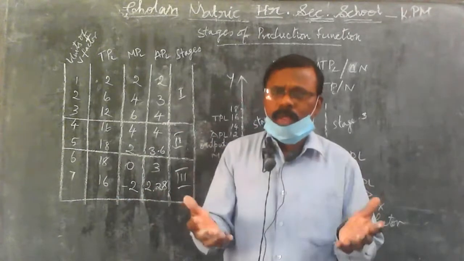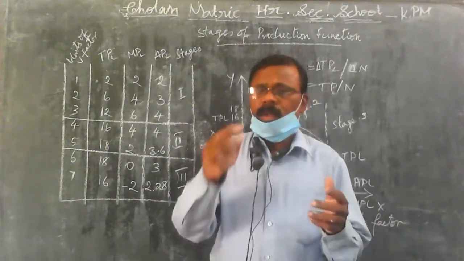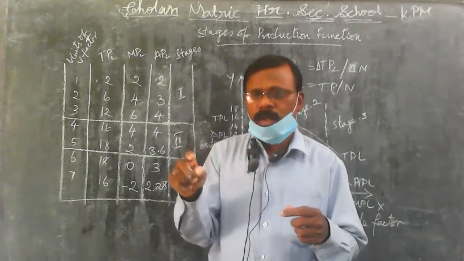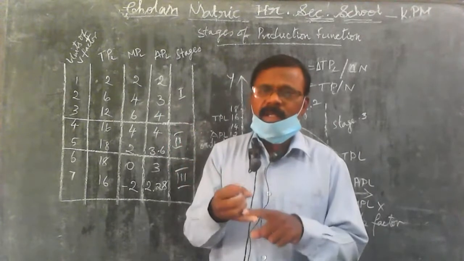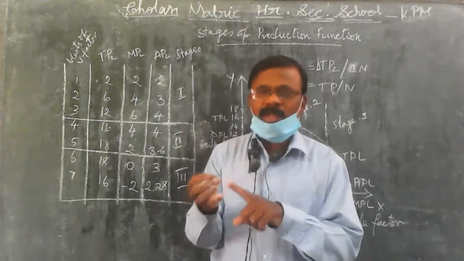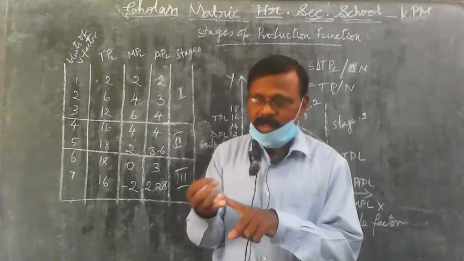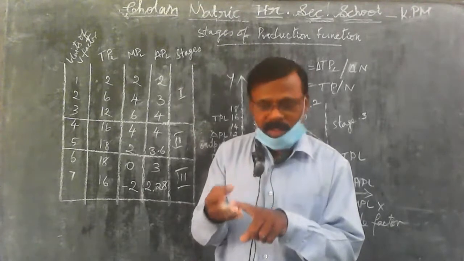We can also explain the production function symbolically. Production Q is equal to a function of N, L, K, T. What is N? Land. L, labor. K, capital.